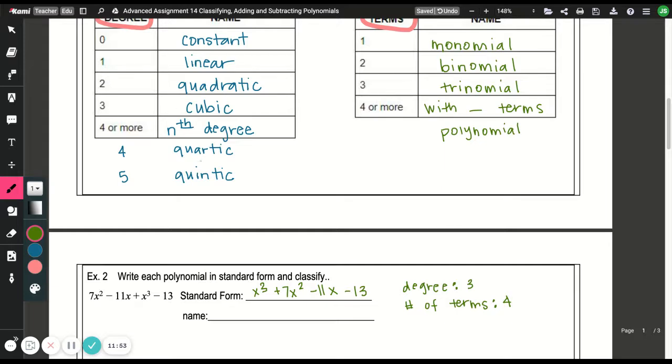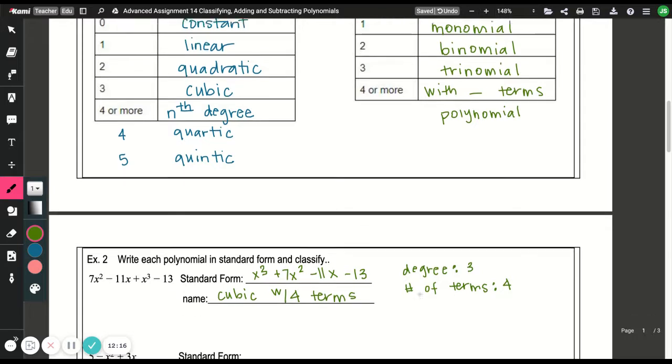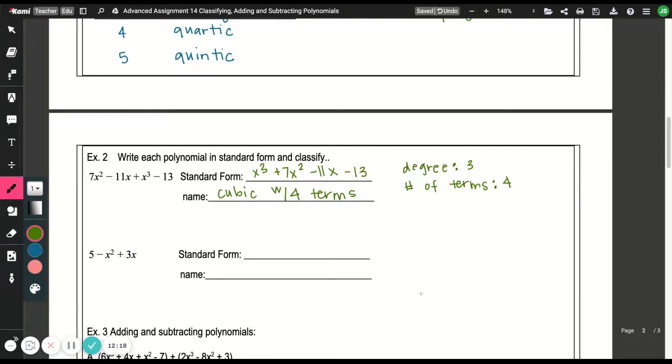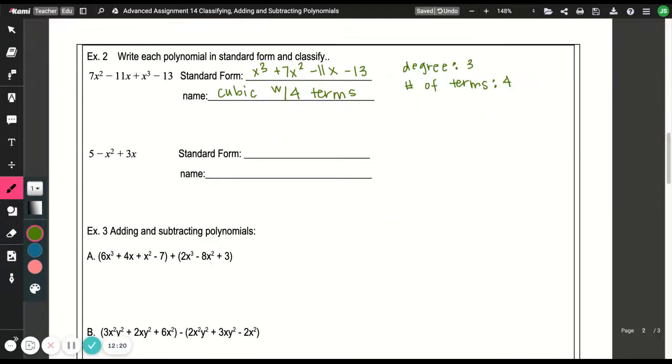Degree 3 is called a cubic. And the number of terms is 4, so you can either say cubic polynomial, or you can say a cubic polynomial with 4 terms, or just a cubic with 4 terms. I'm going to stick to the 4 terms just because it's more specific. So pause here and see how you do on it.